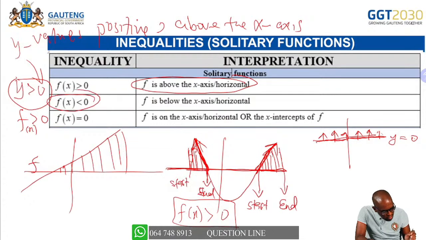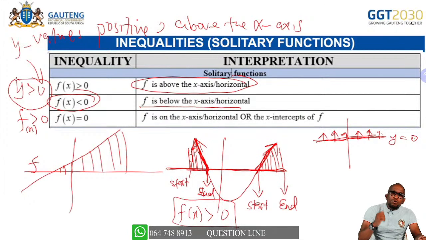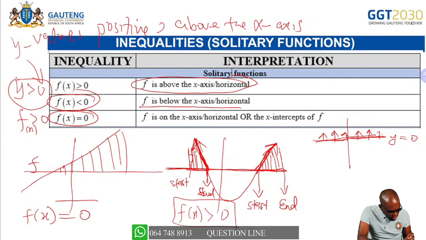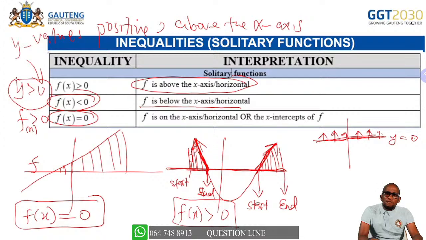Also here, when they say f of x is less than 0, they are saying to you, where is the graph of f below the x-axis or below the horizontal? So you're going to check the portion of that graph that lies below the horizontal. And then here they are saying f of x equals 0. They are trying to ask you here, where is the graph of f at the horizontal?